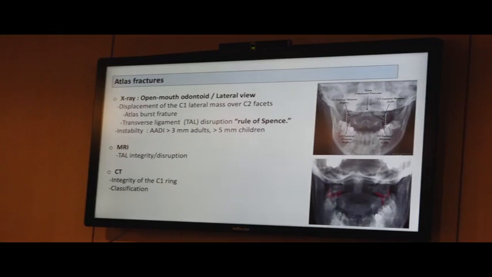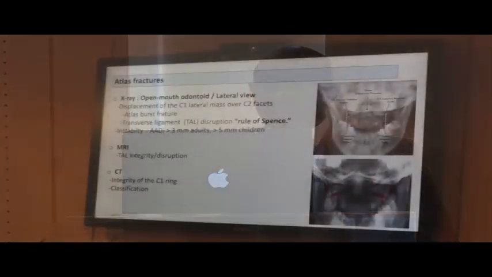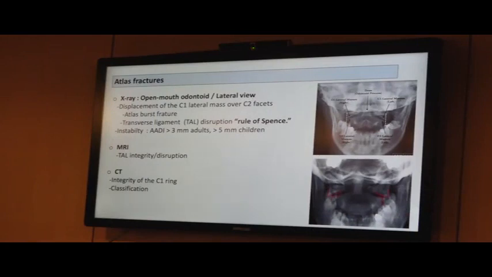The management of this fracture is based on the integrity of the transverse ligament, which can be assessed indirectly with several radiological measurements. A sum of lateral mass displacement of C1 over C2 of more than 7 mm on open mouth X-ray means the transverse ligament is probably damaged.